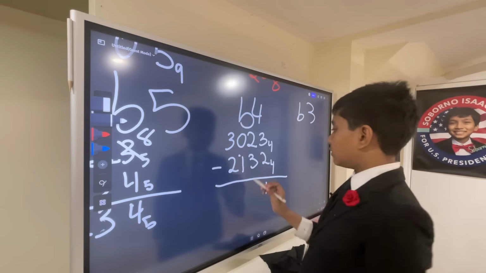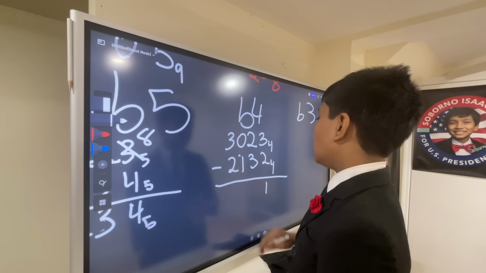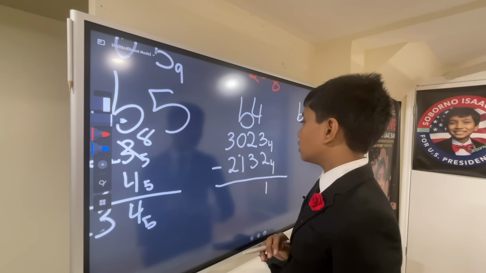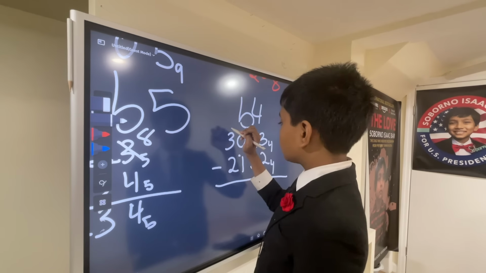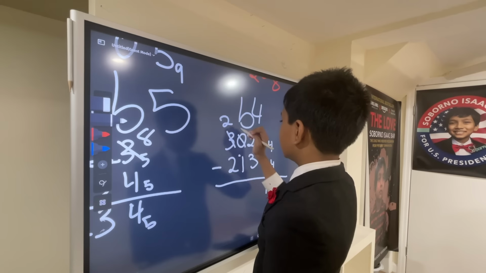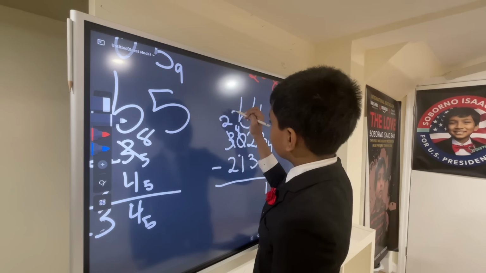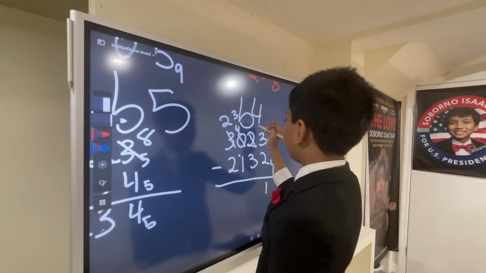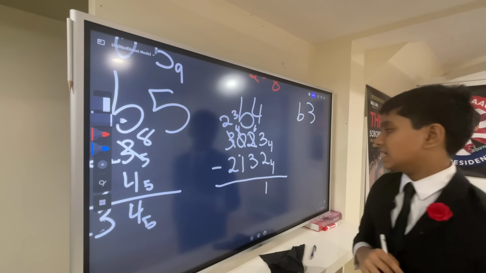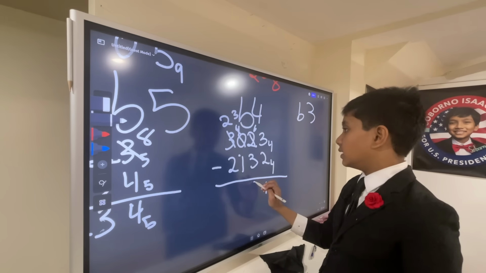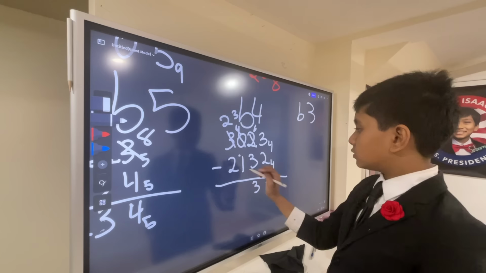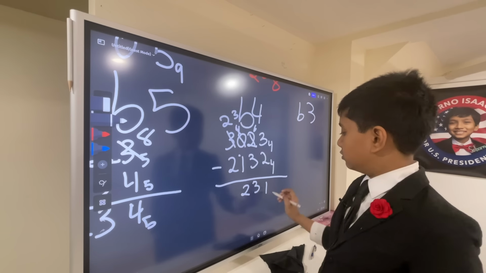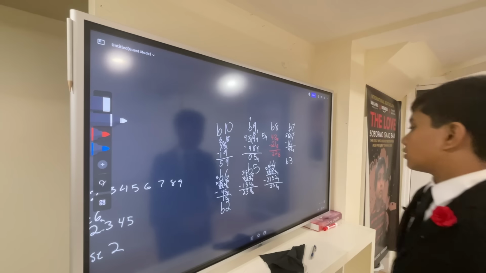Now, 2 minus 3 isn't going to work, but we can't borrow from the 0. So, we're going to take this 3, subtract from it. This is going to become 4. Now, we subtract 1 from it to make it 3, and add 4 here, making it 6. 6 minus 3 is 3. 3 minus 1 is 2, and 2 minus 2 is 0. 231 base 4.